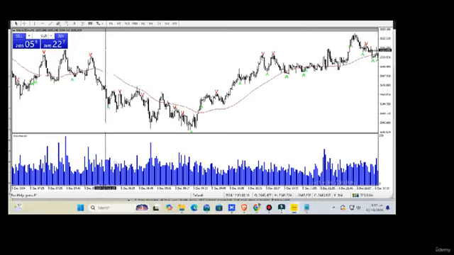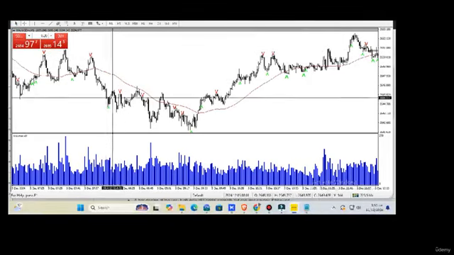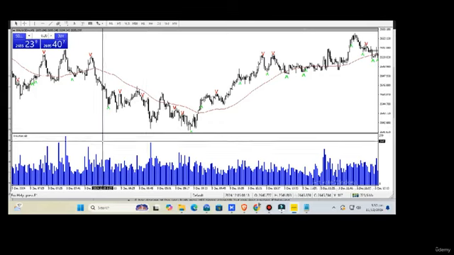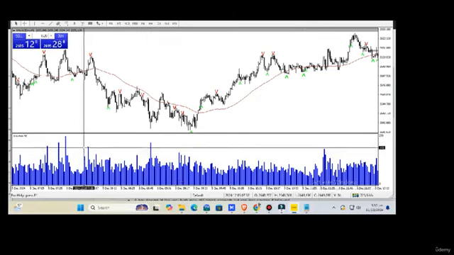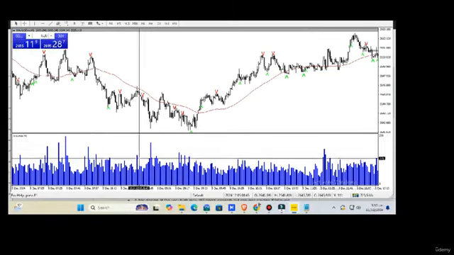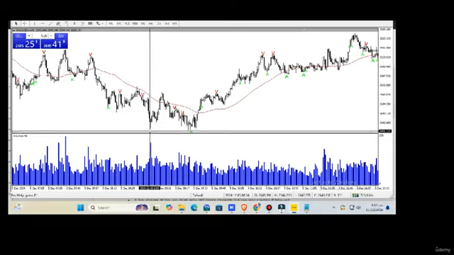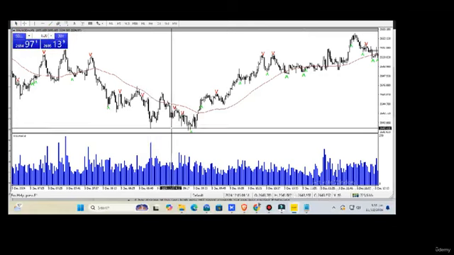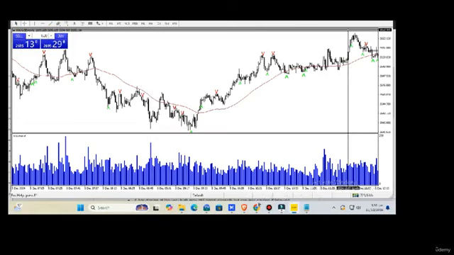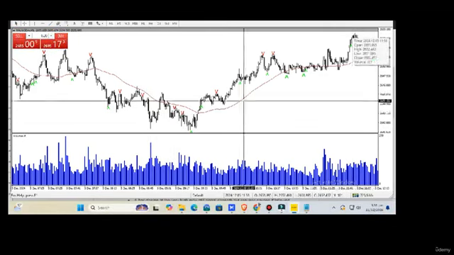Here is an example of a selling climax. Here is the buying climax and here is the selling climax. Very high volume, more than all previous volumes, and the candle closes above the main body. Check, it just retested and goes up that much.